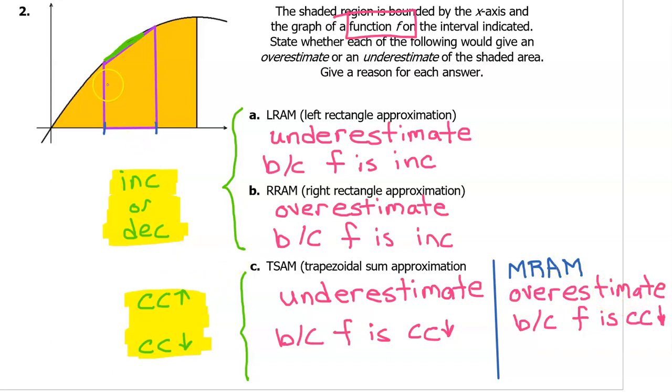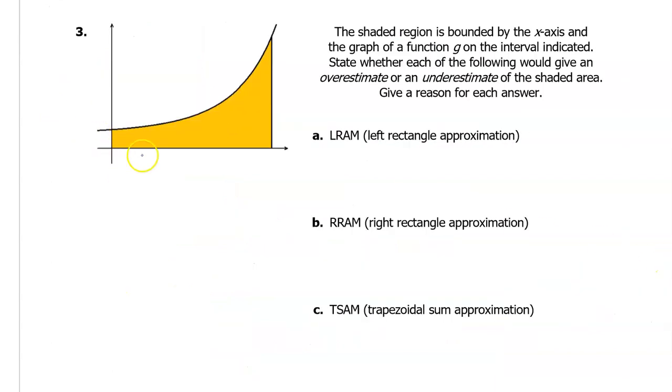But let's go ahead and look at a quick example of a function that is concave up. So here's function g. Function g is still increasing just like the last example. The only difference is function g is concave up, whereas the function f was concave down.